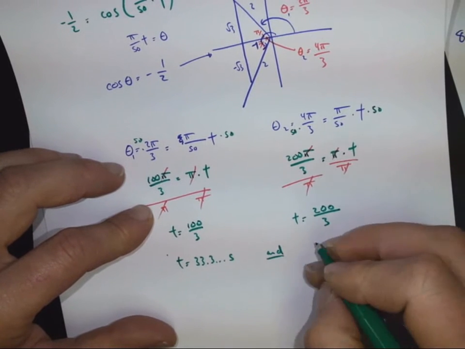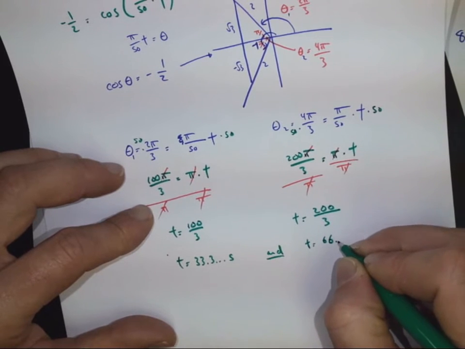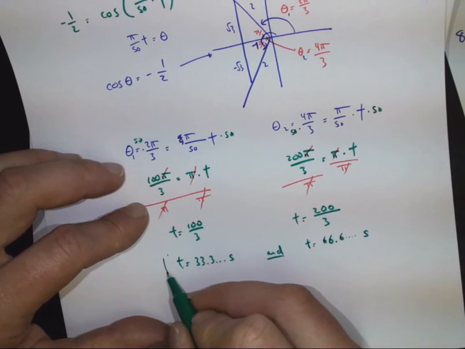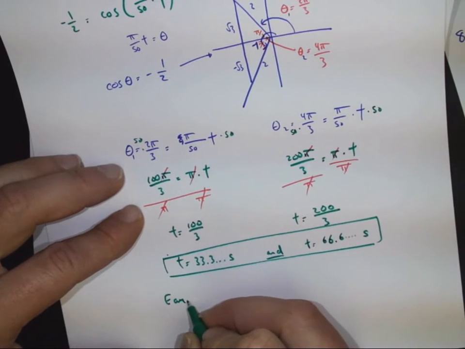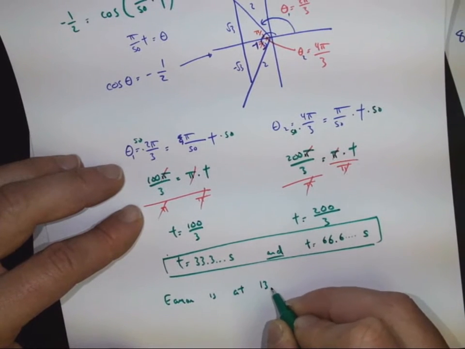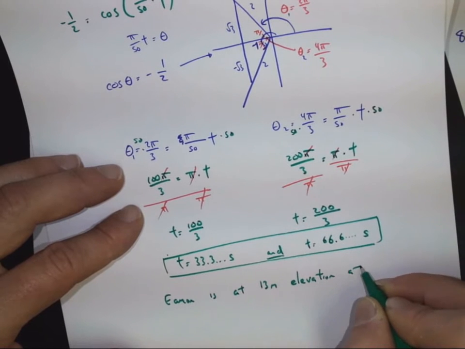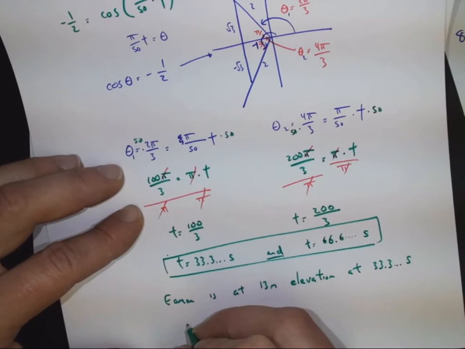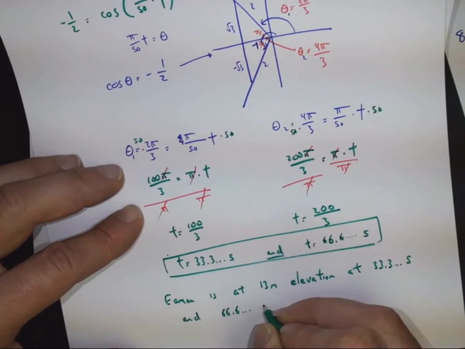And this time is equal to 66.6 seconds. So Eamon is at 13 meters elevation at 33.3 seconds and 66.6 seconds.